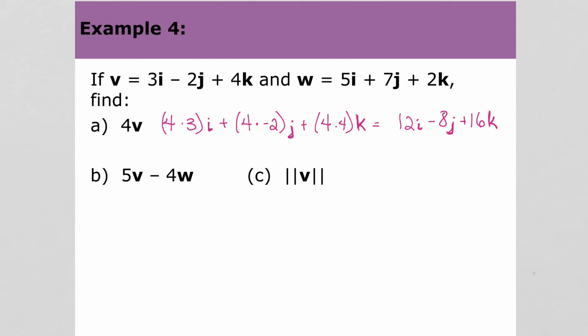5v minus 4w. We're just going through and multiplying and then adding. So 5v would be 5 times 3 is 15i, 5 times negative 2 is minus 10j, 5 times 4 is 20k.